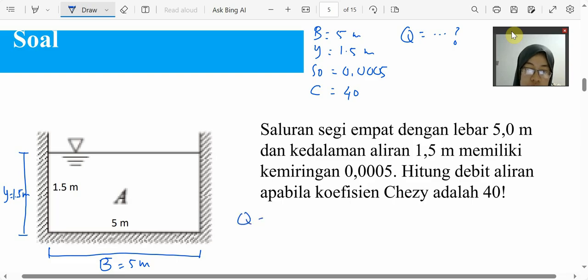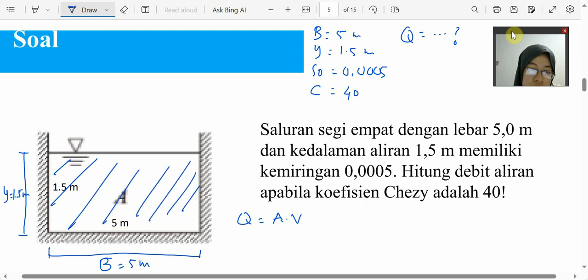First of all, we remember the Q equation is A times V. A is the cross-sectional area, the wet area, and V is the velocity. We will calculate the velocity using the equation that considers the Chezy coefficient, which is C times root R times So.